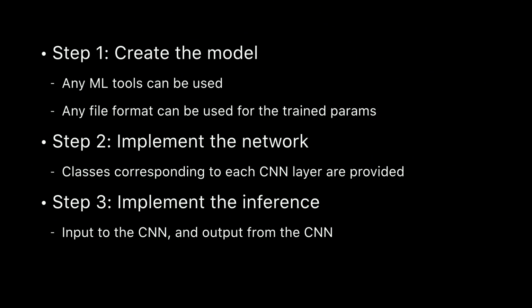Classes corresponding to each CNN layers are already provided by MPS-CNN. Step 3 is implementing the inference. Input an image to the CNN and output the results from the CNN. It looks simple, right?